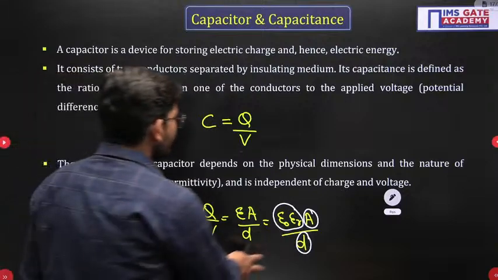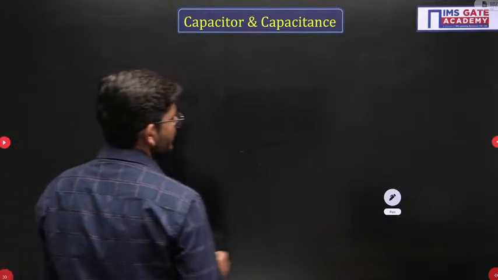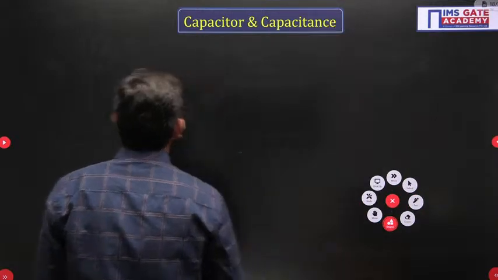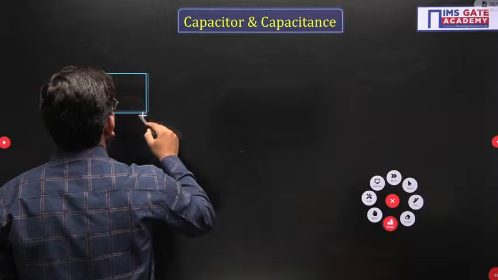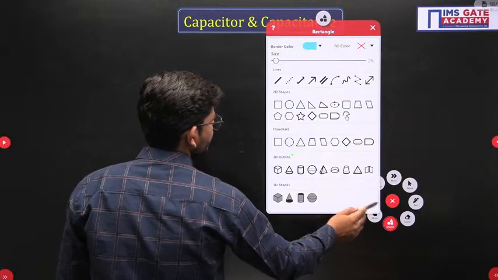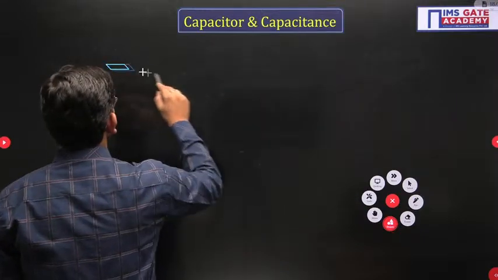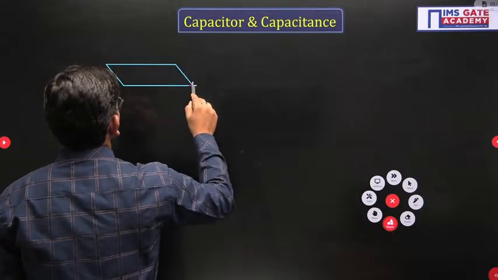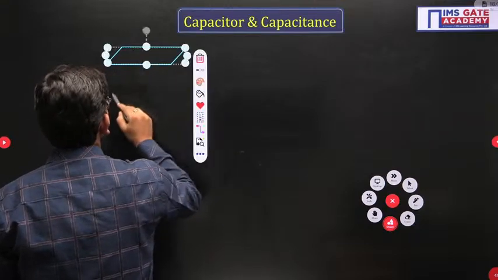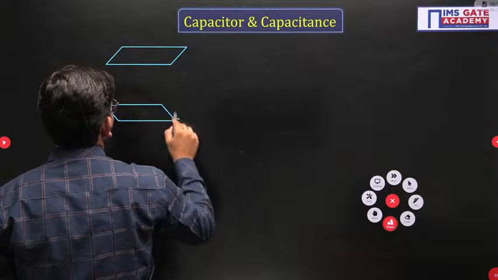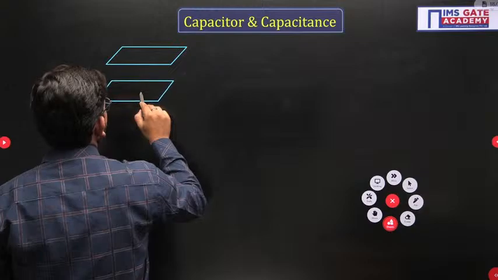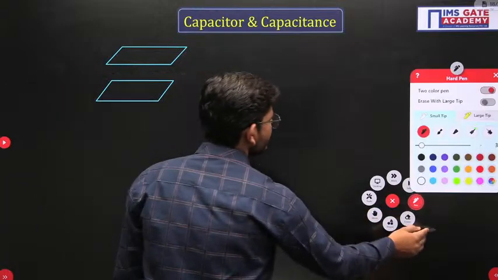Let me give you a simple example. We will have a parallel plate capacitor, which is a normal example that I can give you. Let us consider that this is a parallel plate capacitor that we have.